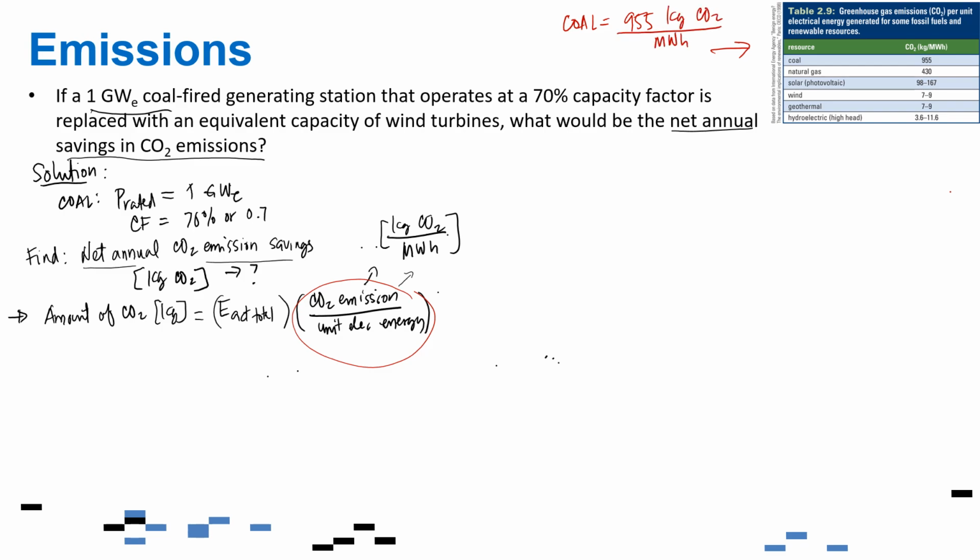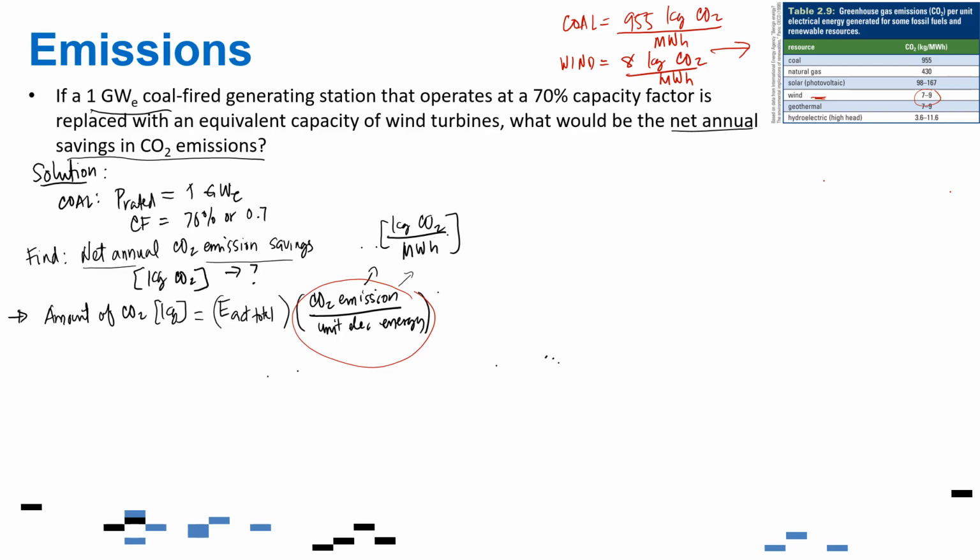The same way we can look for wind. So you can see from here there's wind, and wind has a range of 7 to 9. If it's a range, you usually get the average. In this case it is 8 kilogram CO2 per megawatt hour.